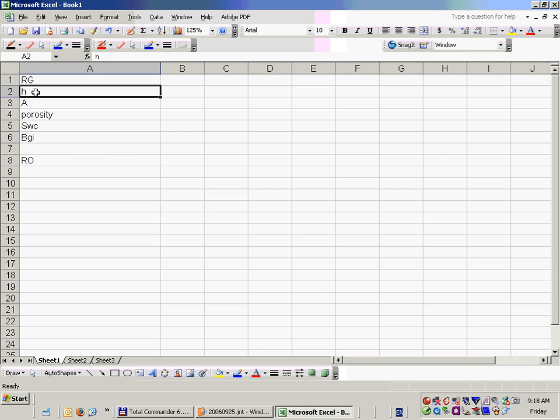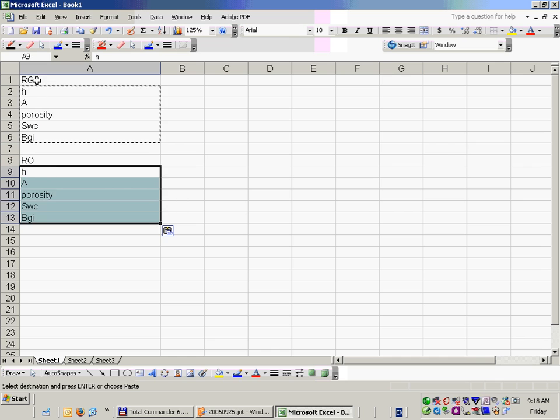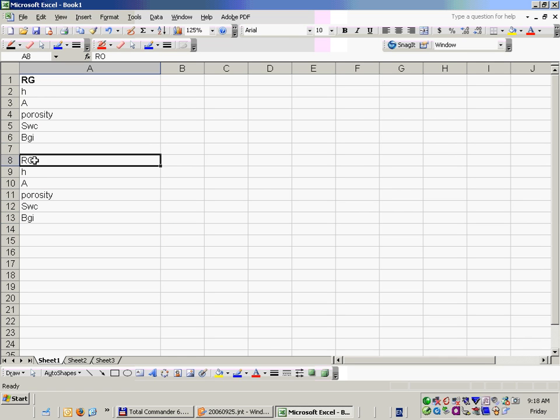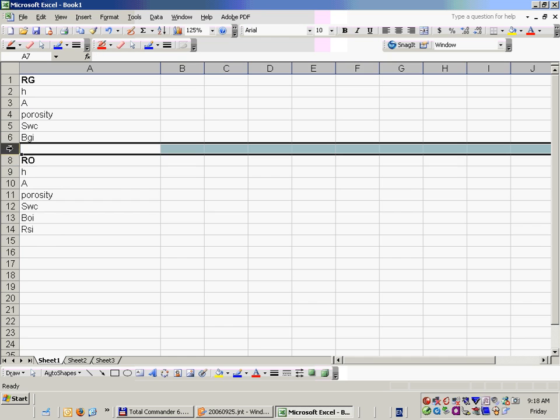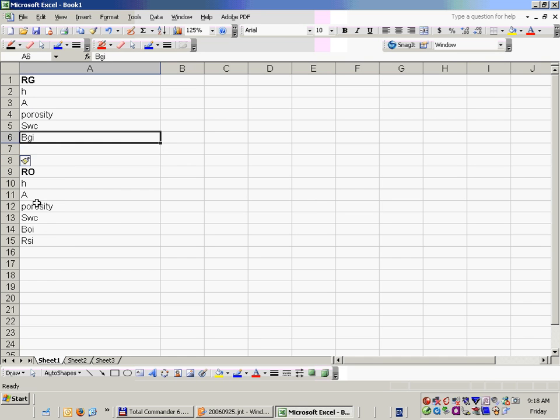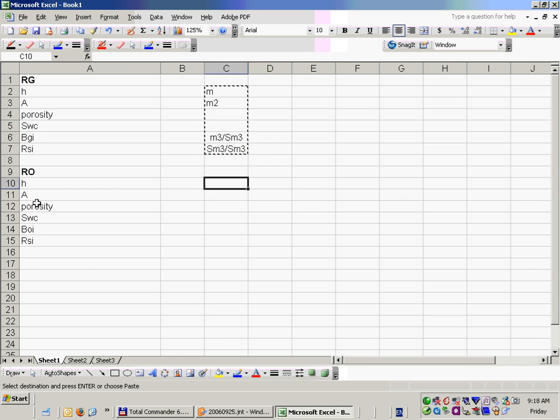So just put in BOI, and you need little RSI. Okay, we've got meters, meters squared, cubic meters per standard cubic meter, standard cubic meter per standard cubic meter.